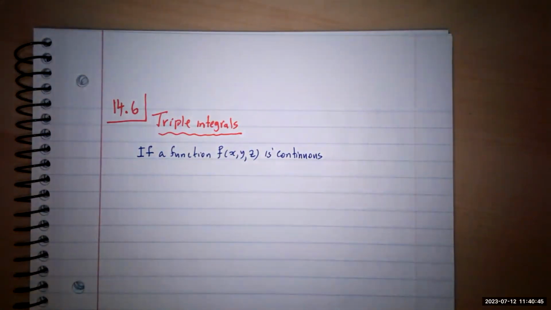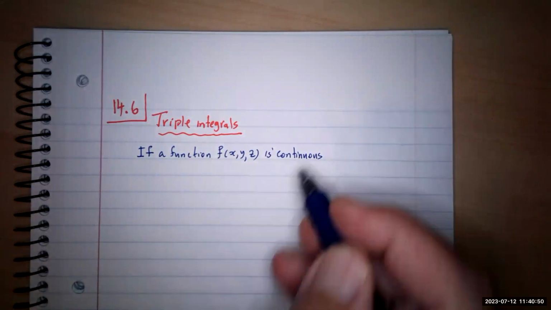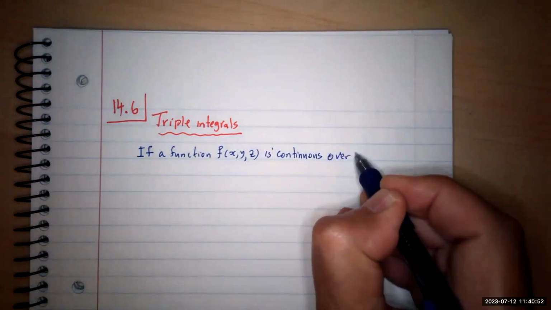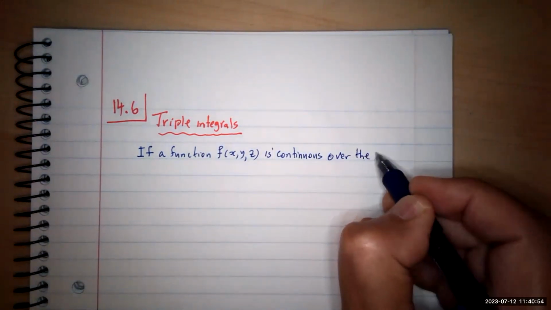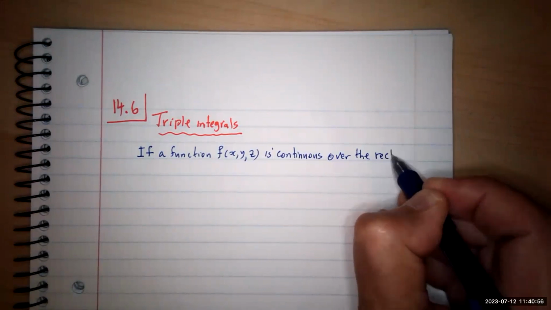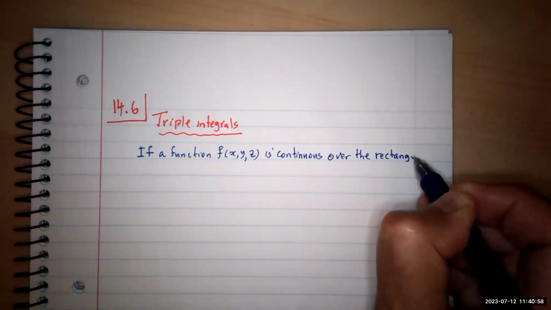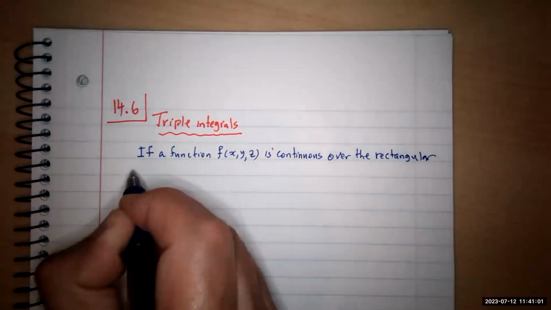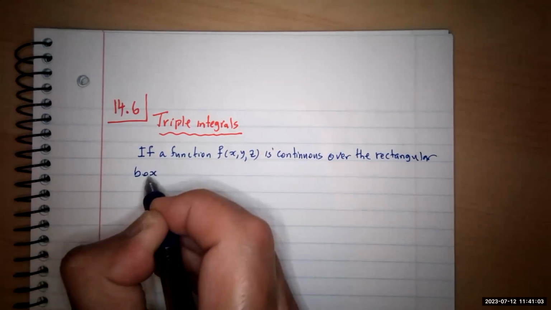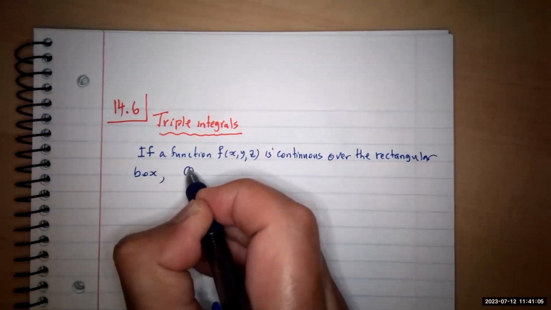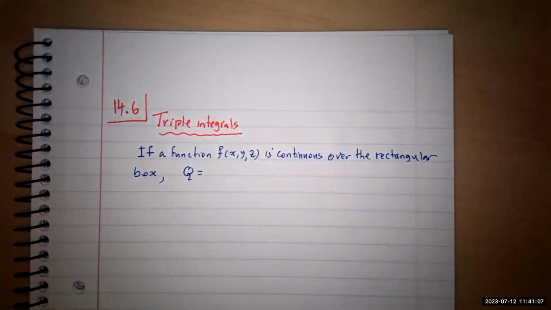If a function f of x, y, z is continuous over a rectangular box, like a cube, usually denoted by Q, you need three closed intervals: one for the x, one for the y, one for the z.